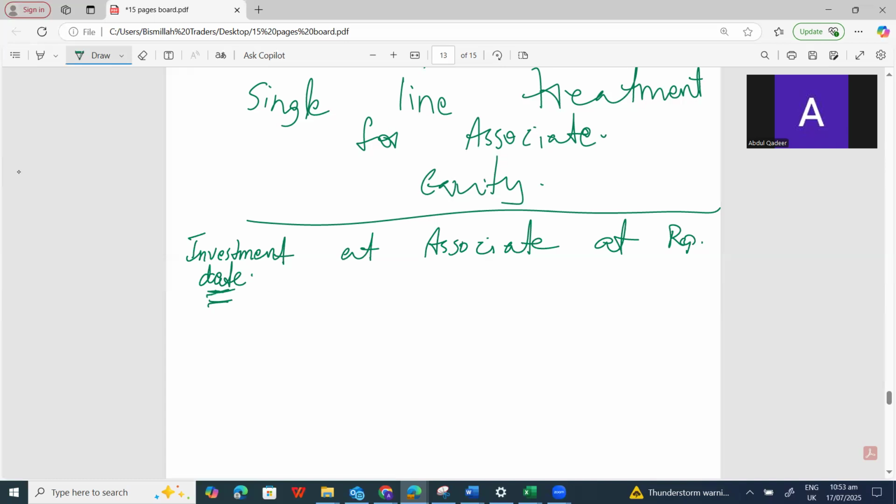So what's the formula to calculate it? Investment at acquisition, what we paid to acquire the company, plus the post-acquisition share of profit, which is what we get after 10 months from the associate, minus any impairment.